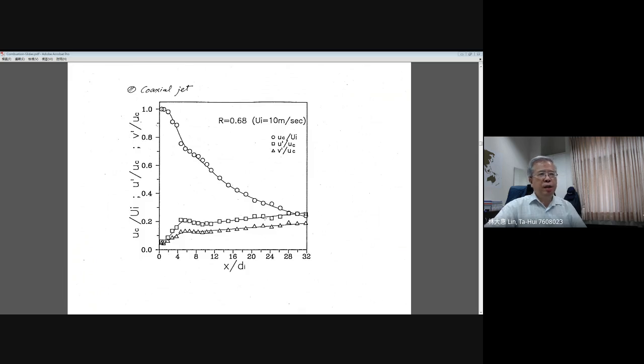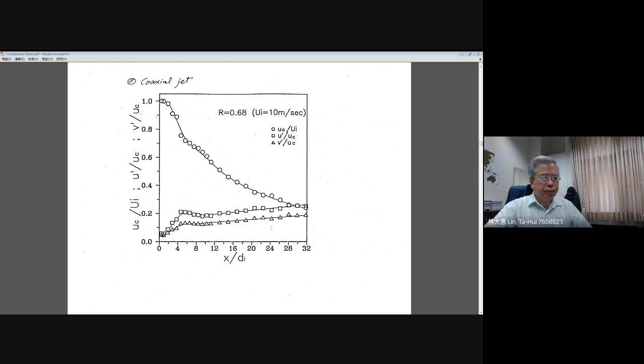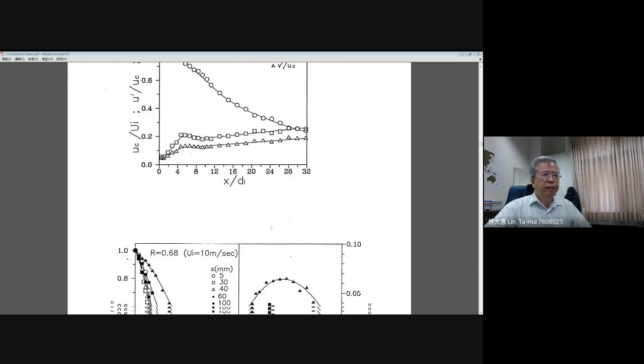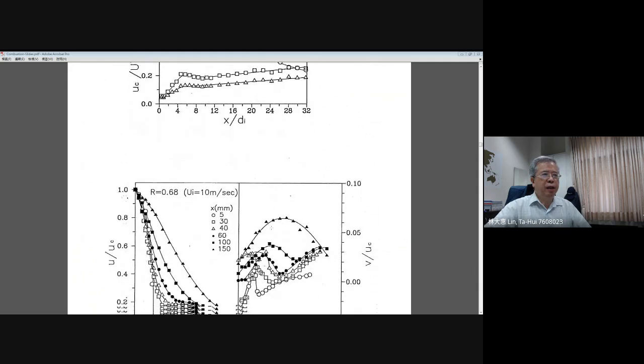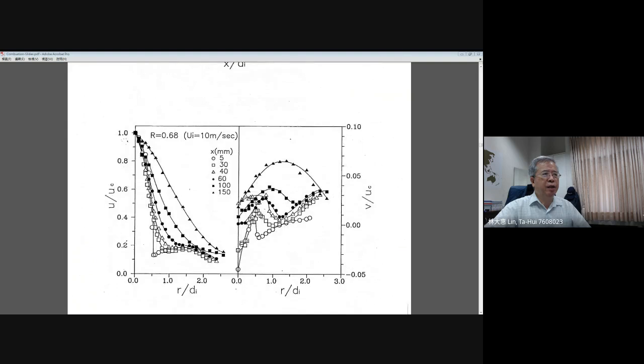They show a very similar trend because we are doing measurements around the center line. The flow condition around the center line is protected by the overall jet, and has a small influence coming from the outer flow. Okay, but in the details, you can see there are some differences.